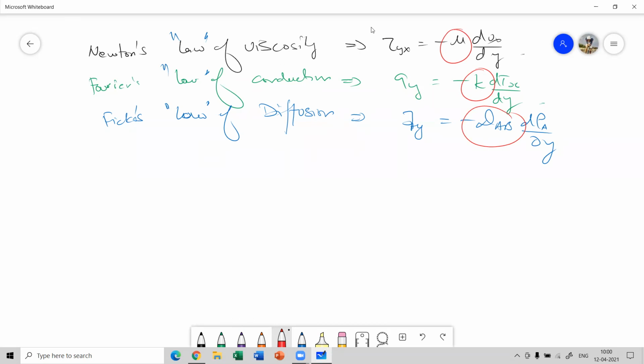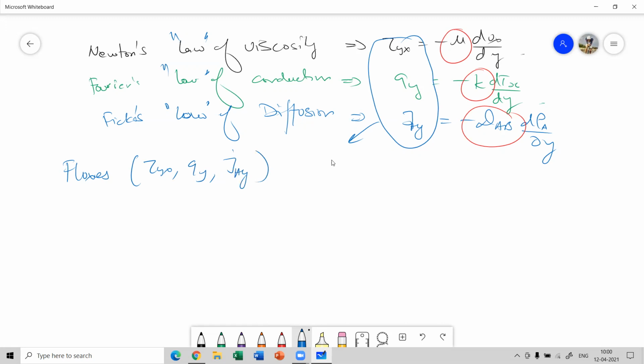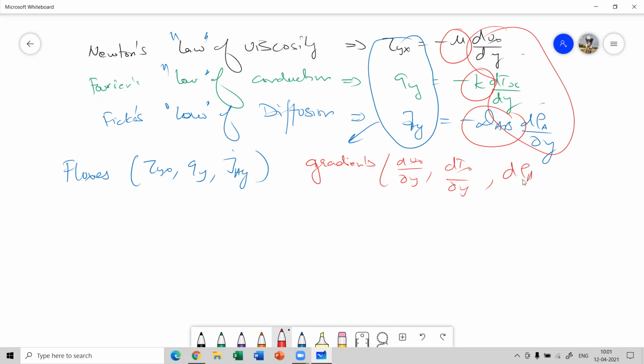Now, these are your fluxes, that is tau yx, qy, and J_A y. And we have the gradients with us. These are the gradients, that is dux by dy, dT by dy, and d rho A by dy.